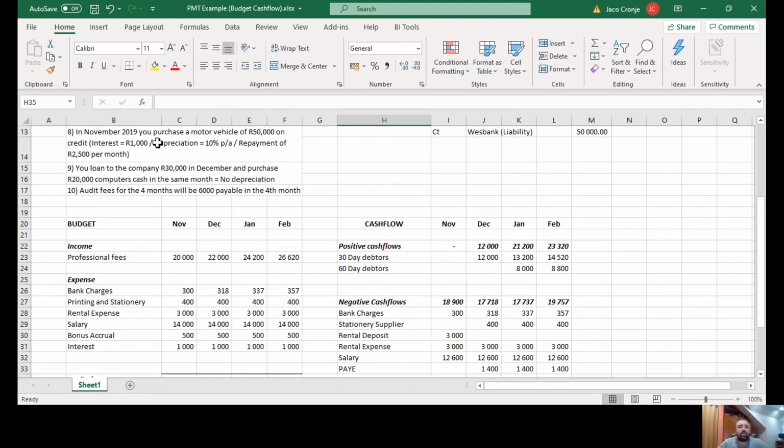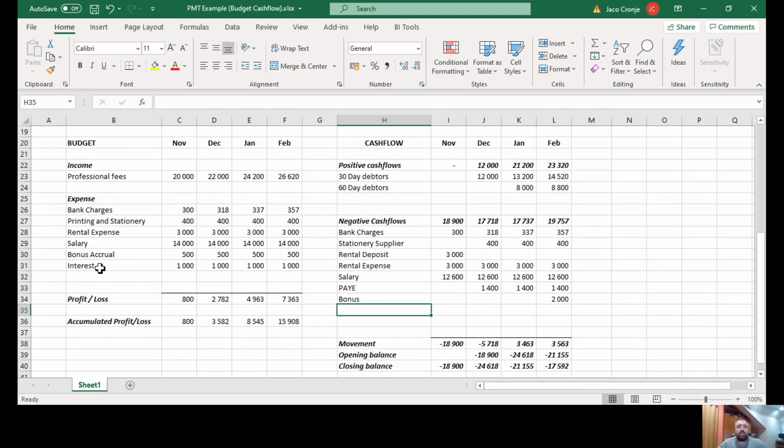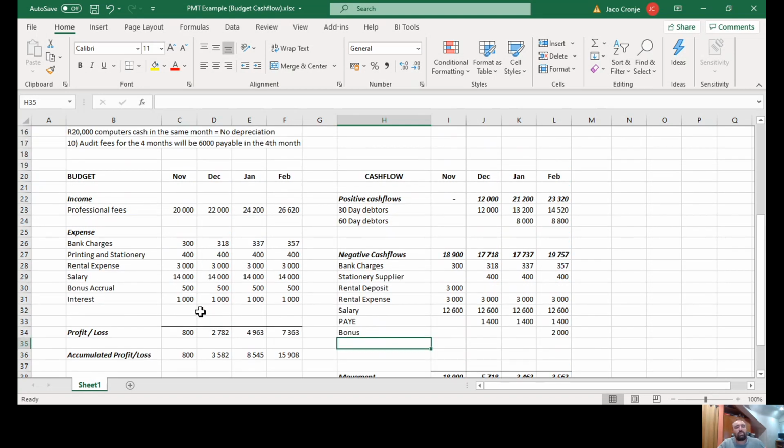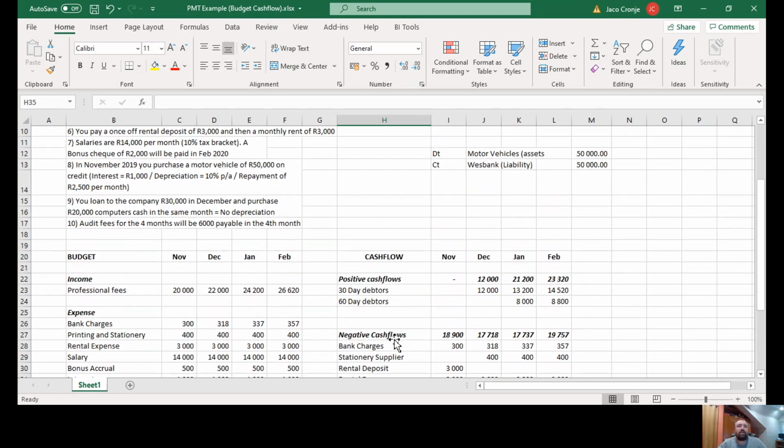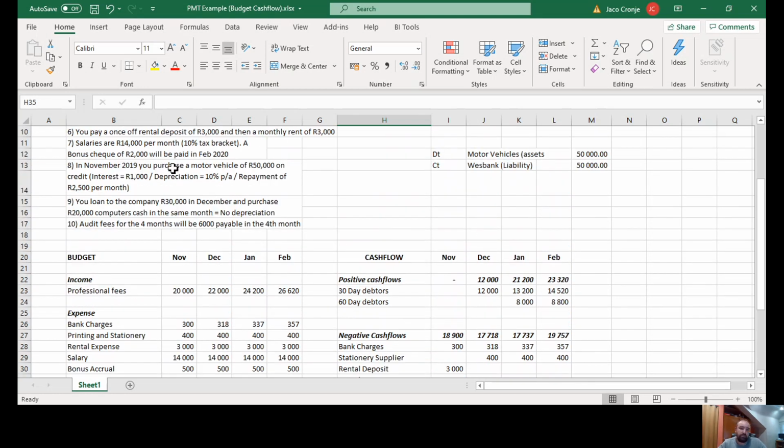So as we know, at a later stage in this question, they are giving me the full installment amount. I'm not going to put the interest as an individual item in the cash flow. So interest is in the budget because I lose value because of it, but I don't specifically pay only the interest portion on my bank statement. So I'm not going to include interest on my cash flow forecast.